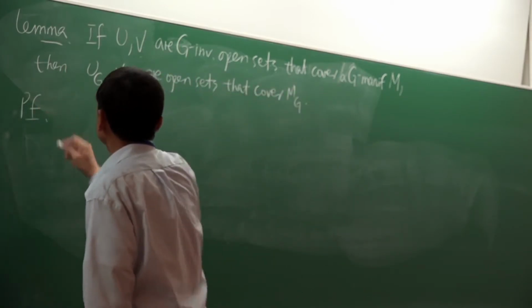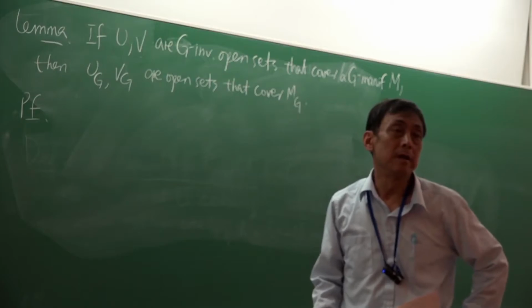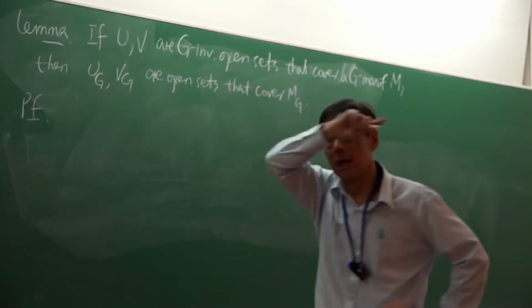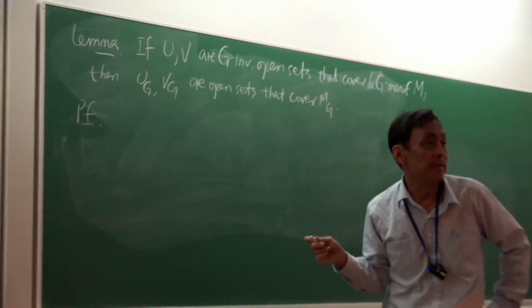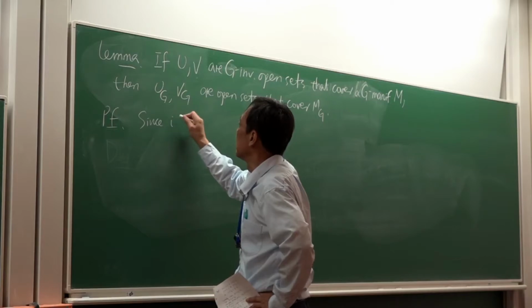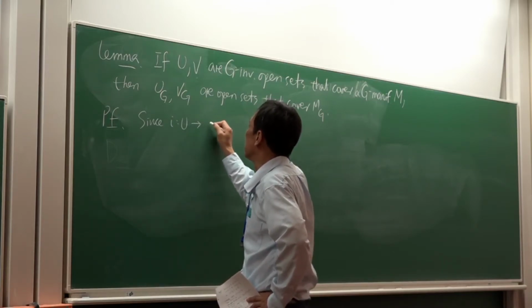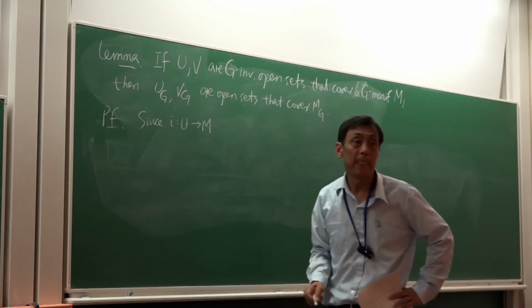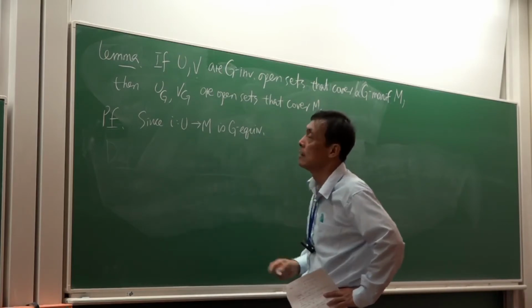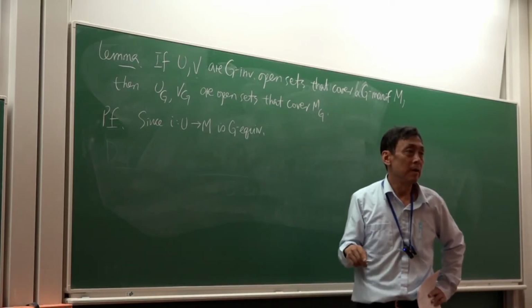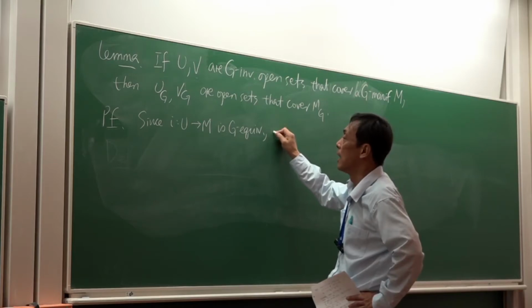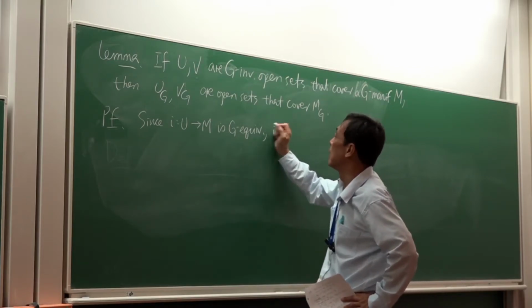So now, first of all, I want to prove that U_G is a subset of M_G. Since the inclusion from U into M is G-equivariant, see, both are G-spaces, so i is G-equivariant.